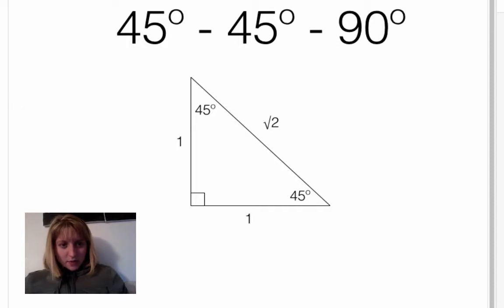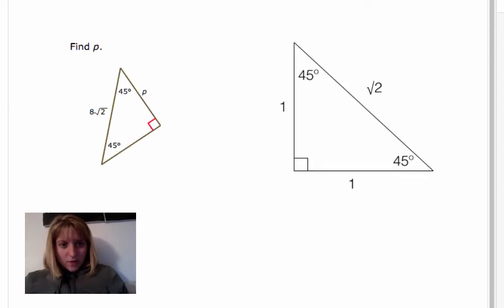So I pulled from IXL this example right here. It's a 45, 45, 90 triangle. On the right here is our example with the ratios on it. 1, 1, square root of 2. This problem wants us to find P. They only gave us one other side.